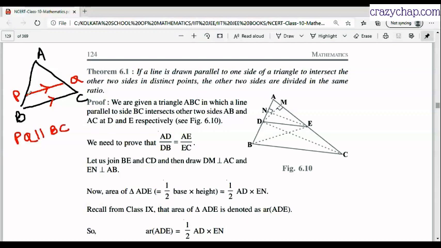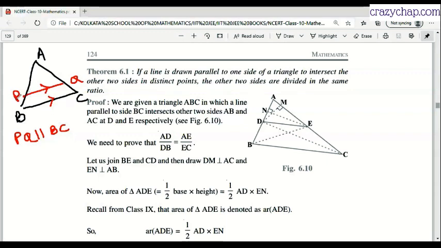Can you say that P is a midpoint of AB? Parallel does not mean P will be the midpoint. Midpoint means it is exactly in the middle of AB. Is point P exactly in the middle of AB?